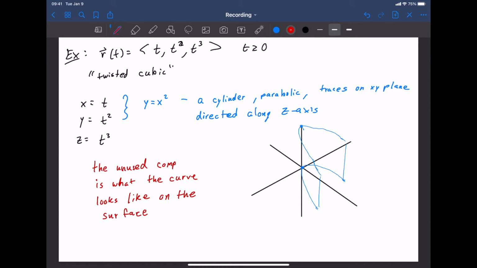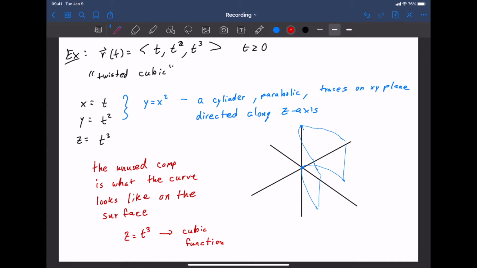Now, what the heck does that mean? What that means is, basically y equals x squared gives me the surface, and z equals t cubed should look like the cubic function. Except I'm not graphing it on the xy plane.